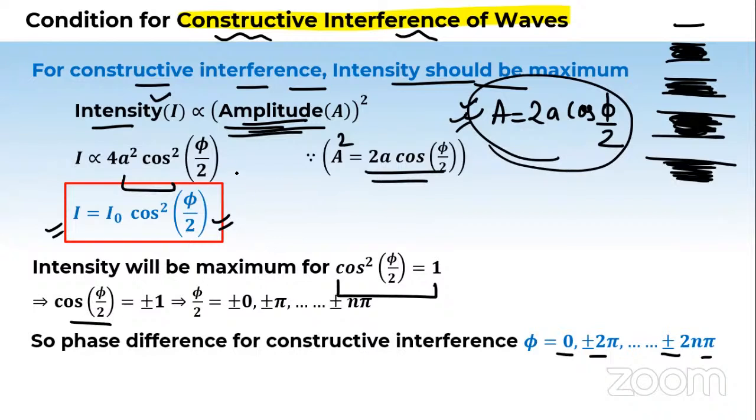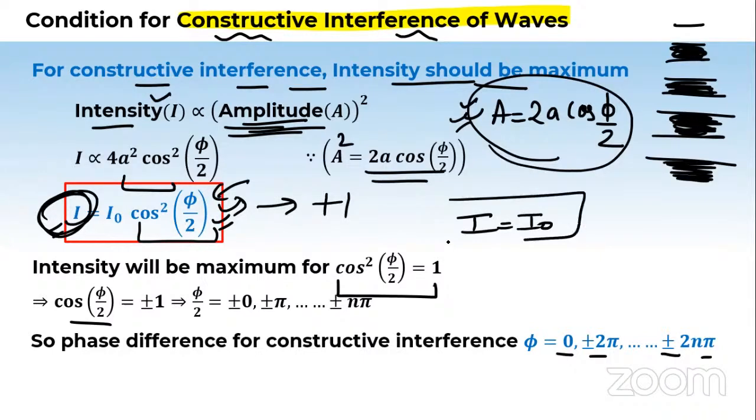If you want to make the expression on the left hand side maximum, you have to put this value to be maximum. For this to be maximum, it will be plus 1 here. Okay. So intensity will give you I naught here. And the phase angle will come out to be 0, plus minus 2n pi. Fine. These are the angles here.